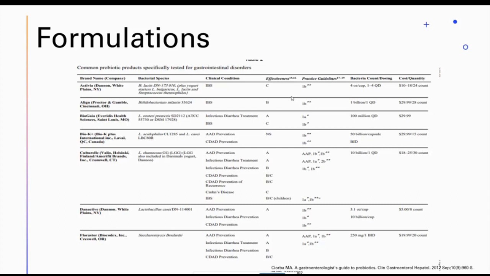And so I think like everything else that we use, we just have to be aware of the difference between bacterial species that may confer a benefit that's supported by evidence, and some marketing that's put out there that may want us to believe that it's some kind of a new or different formulation, but really it's marketing that's supporting it.